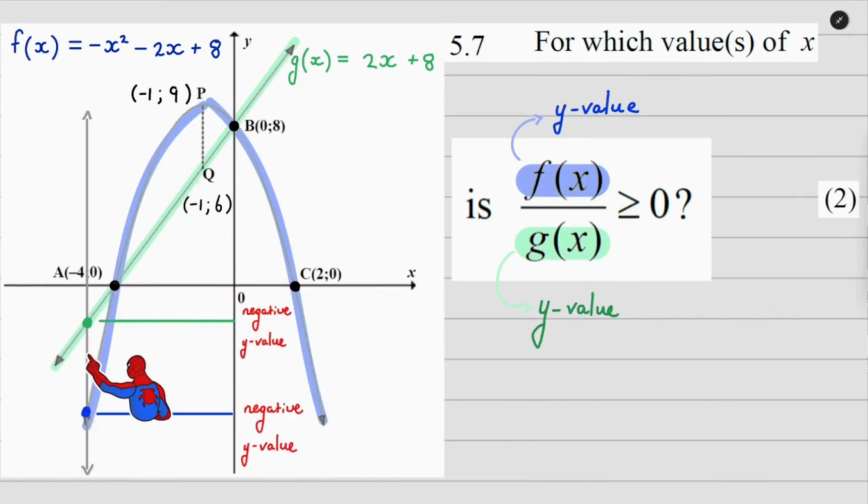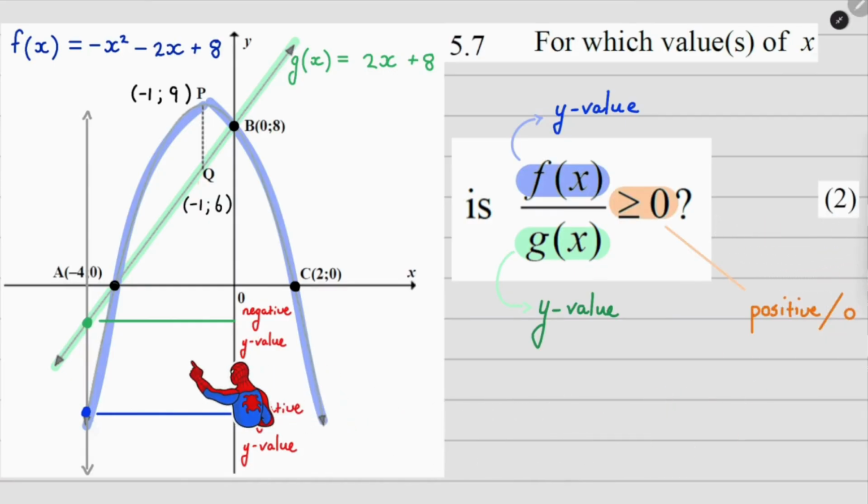And if I draw a vertical line here, I'm going to start analyzing the y values. So if I look at the y value here, it's got a negative y value because it's under the x-axis. And if I look at the blue graph over here, that's also got a negative y value. So I'm going to get a negative y value divided by a negative y value, and a negative divided by a negative is a positive. And when I say something is bigger than 0, that's a fancy way of saying it's positive.